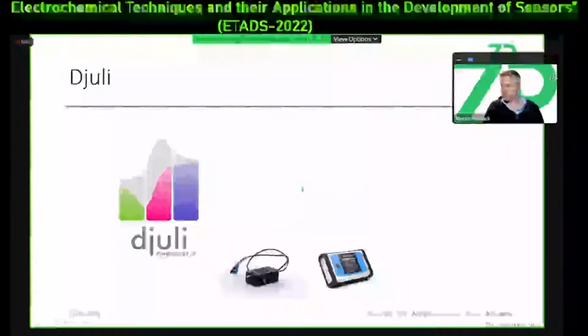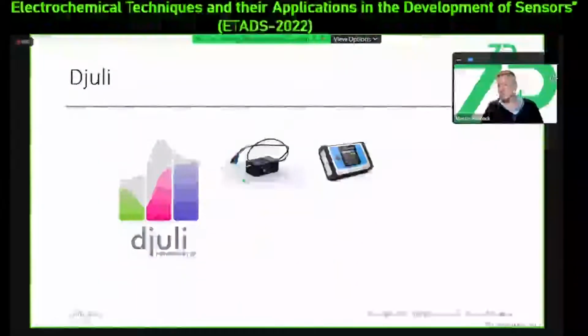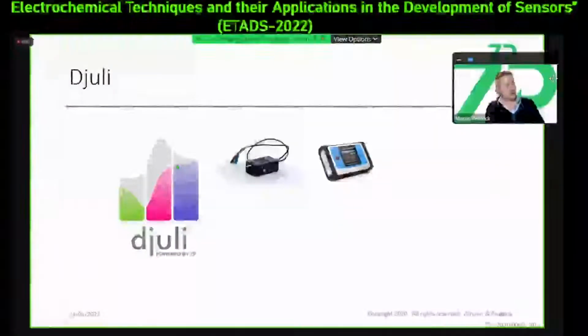Now, Julie is an online database, and it's really unusual. It's free to open a Julie account. I'll give you a little demonstration in a minute. We use it at Zimmer and Peacock a lot.